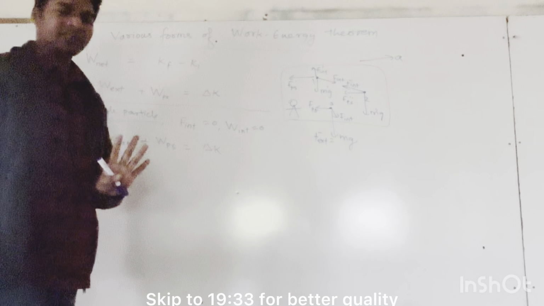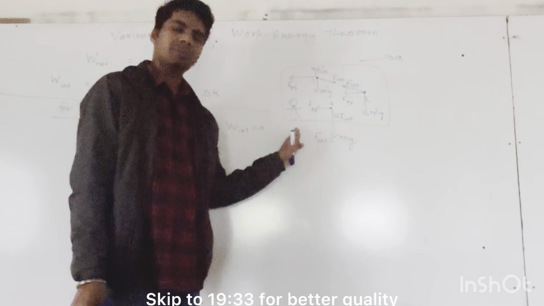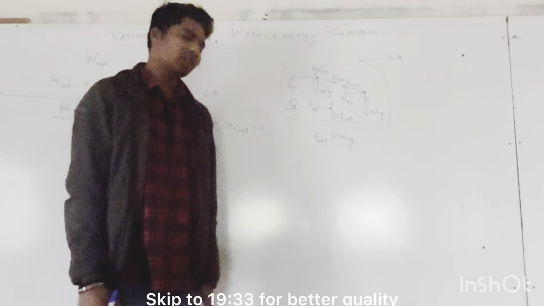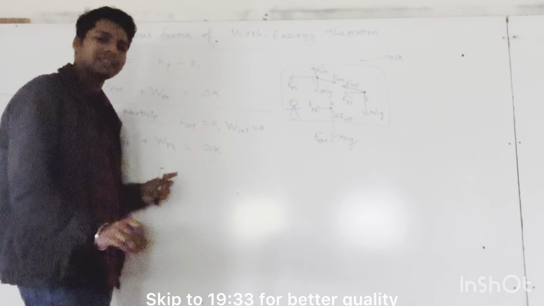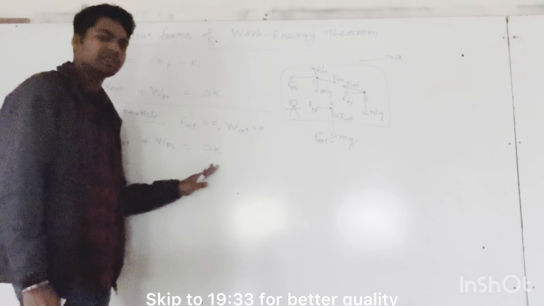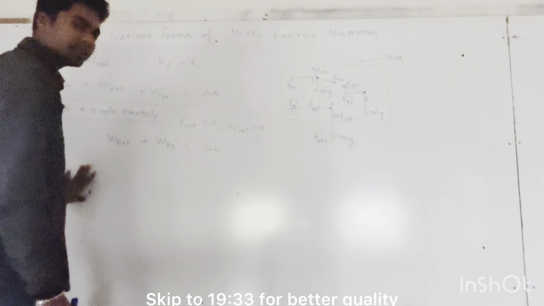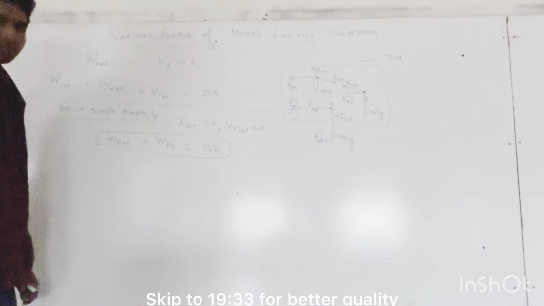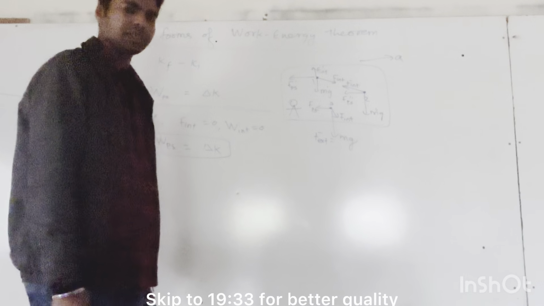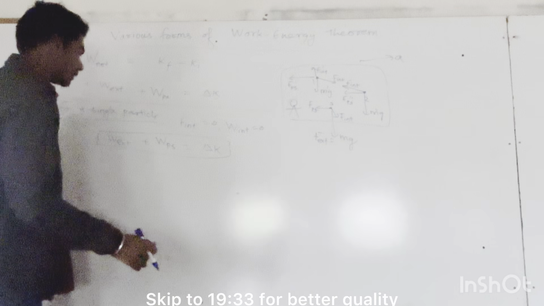If the frame is inertial, there is no need to take the work done by pseudo forces. But I am writing in general for a single particle system. This is the statement of work energy theorem. This is one statement. Now this statement is further bifurcated in some ways.